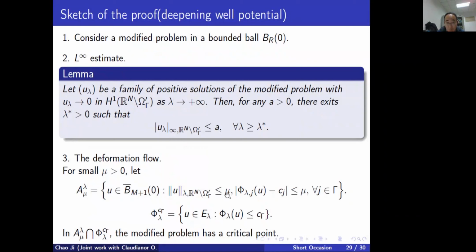If mu is small enough, we have this L infinity estimation. So we can prove the solution of the modified problem is a solution of the original problem. This condition can assure we can get a multi-bump solution, not just a solution.